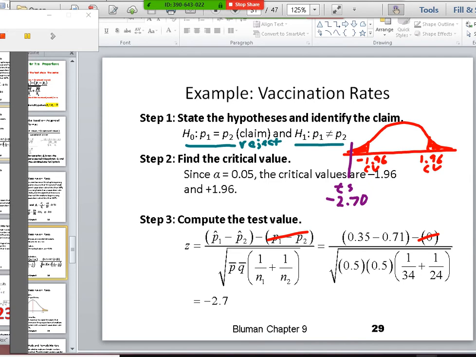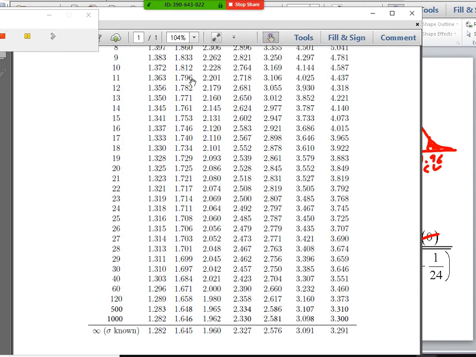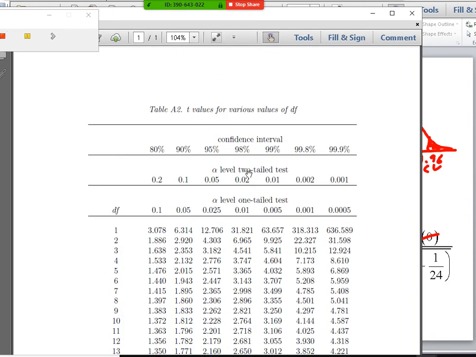Next, we're going to find the critical value. So here, alpha is 0.05. It's a two-tailed test because it's not equal to, so two tails, 0.05.